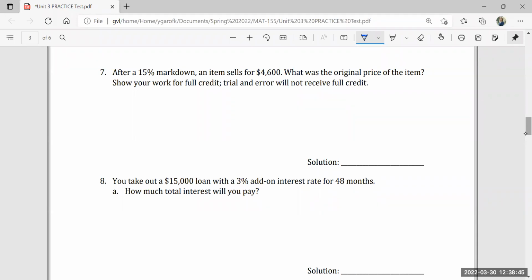So we know that $4,600 equals our original price, let x be original. So it was the original minus the discount. So minus 0.15 times the original. Because remember, we're going to take off that 15% discount, okay?